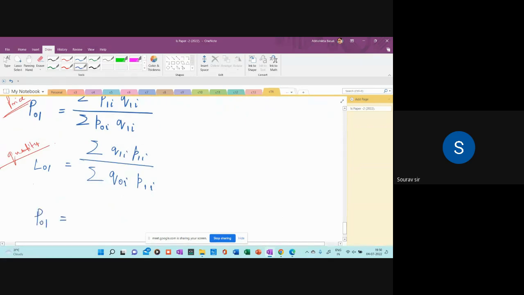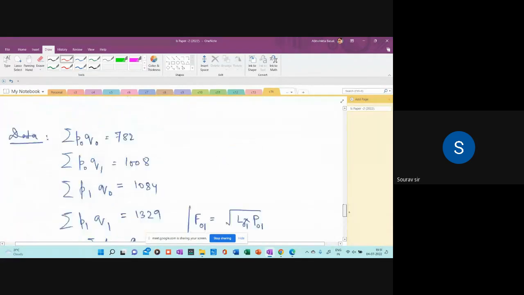The Paasche's quantity index is given by, sorry, this is going to be P naught for last year's, and for Paasche's it is going to be summation over Q1 by Q naught into P1I by P naught I. Okay, so this is also for Paasche's quantity. So this is last year's quantity, Paasche's quantity.